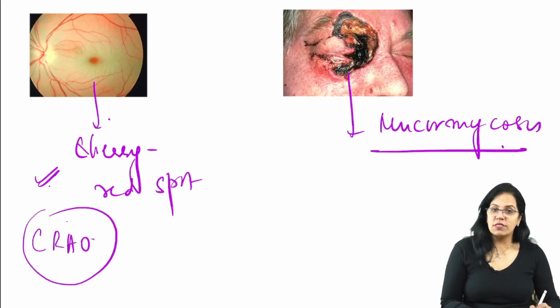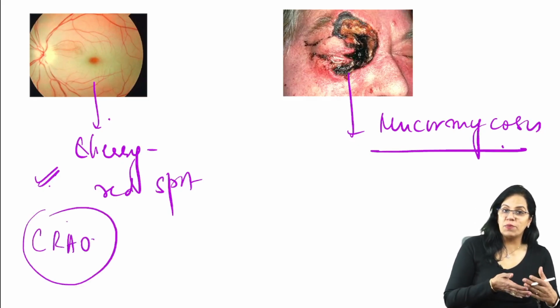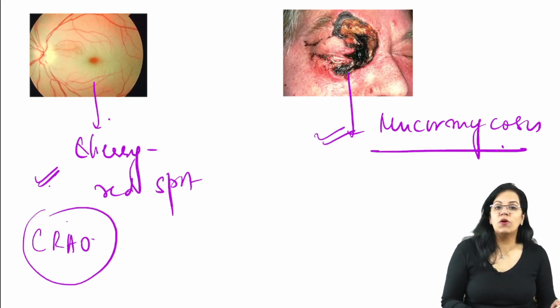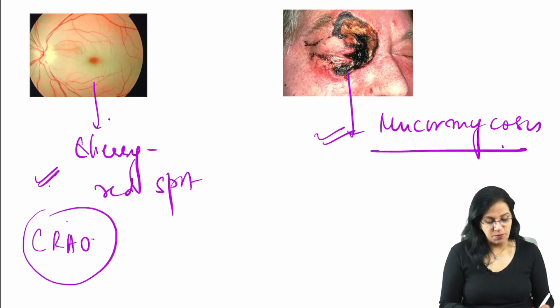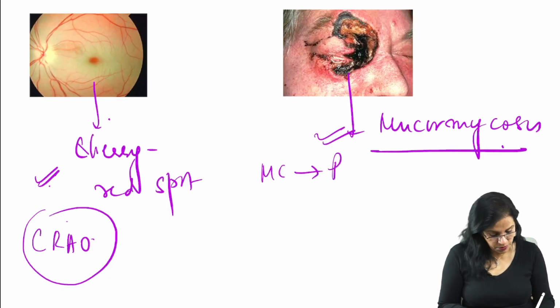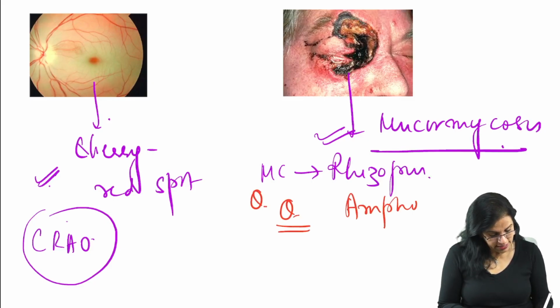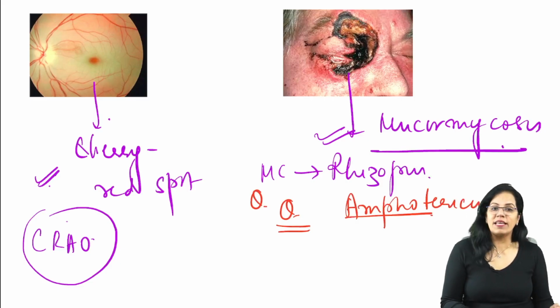And whenever we are giving steroids, the patient becomes immunocompromised and can land up in mucormycosis. We have to remember, it is most commonly caused by Rhizopus. This is a very important point. And second, which is the drug to treat, we will answer amphotericin B. The drug to treat is amphotericin B.